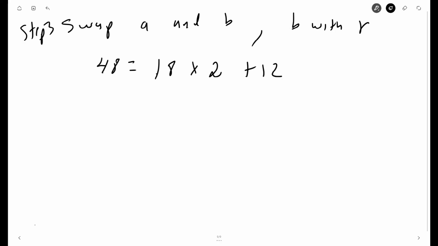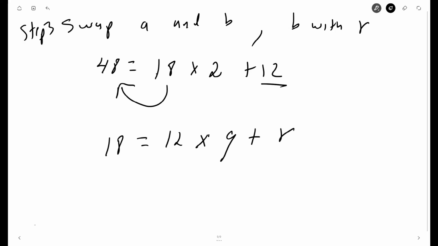Now we're going to swap here. I'm going to say 18 is equal to, and the remainder R, which is 12, times Q plus R.